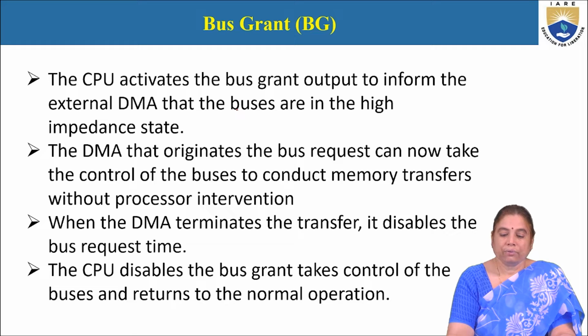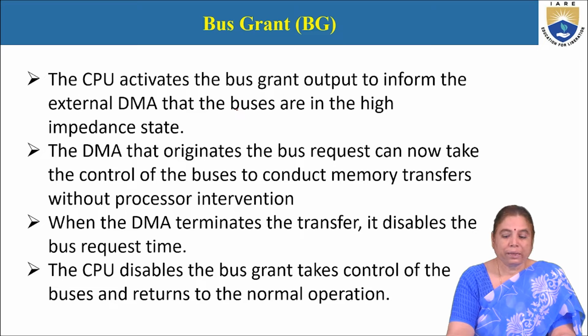The DMA that originates the bus request can now take control of the buses to conduct memory transfer without processor intervention. So now the DMA can take control of the address bus, data bus and read-write control lines, and can directly perform the input-output transfer from peripheral devices to the memory without intervention of the CPU.